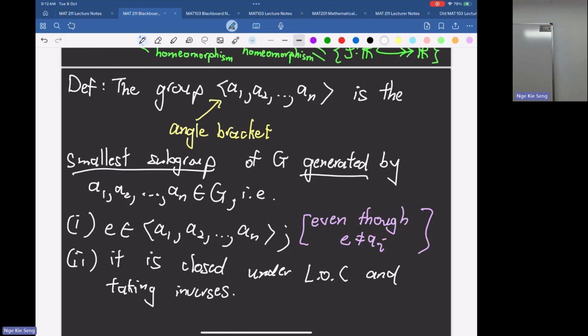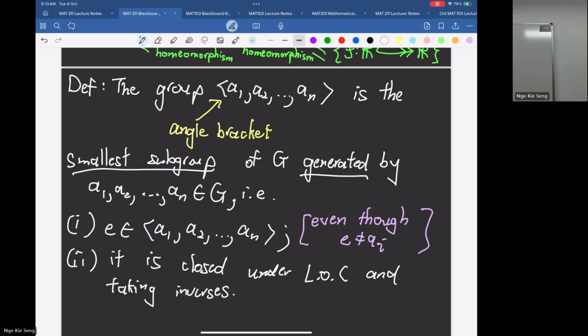If you take the composition, for example a1 a2, does the inverse of a1 a2 have to be inside the set? Yes, because you need to close under inverses again. So you take inverses, then composition, then inverses, composition, and you keep doing it. Will this process stop or not? This process seems infinite, but do you always generate infinitely many elements?